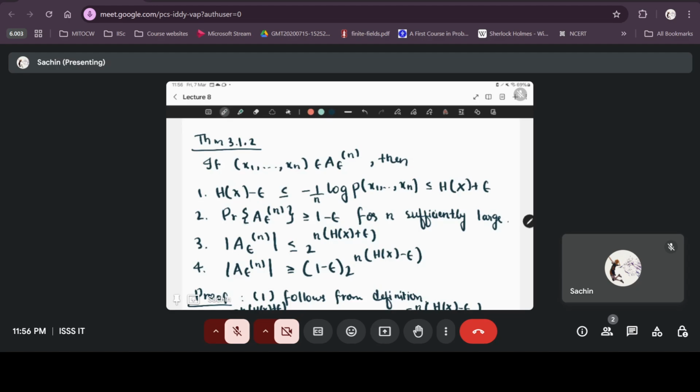Each of the sequences in that particular set is equally likely to occur, so the sequences in a typical set have approximately a uniform distribution, and the number of sequences in the typical set is approximately equal to 2 power n H of X. Since all of these are almost equally likely, each of the sequences has probability approximately 1 over 2 power n H of X, or 2 power minus n H of X. Those are the three main statements that you need to know about typical sets.